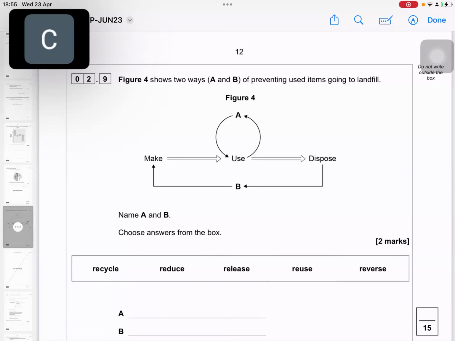So I was just saying that the difference between reuse and recycle is that in the case of reuse, you wouldn't need to dispose anything. For recycle, it would involve disposing it first and then someone using it for something different.